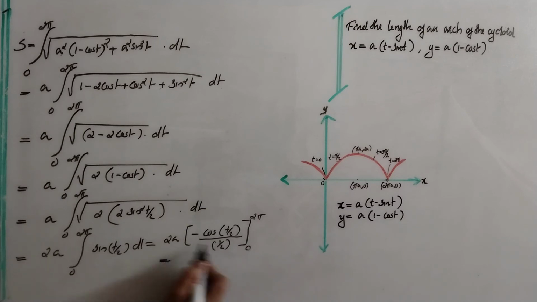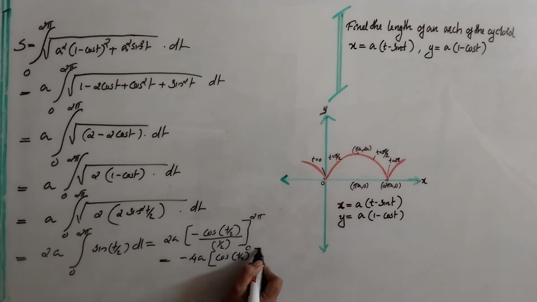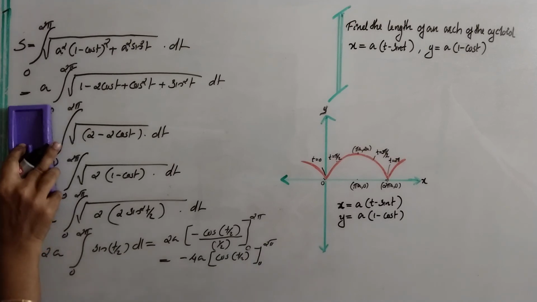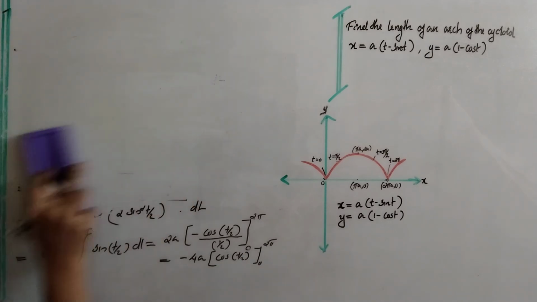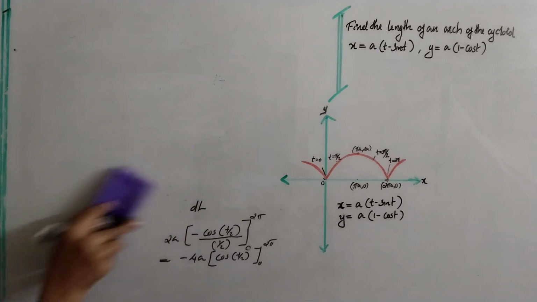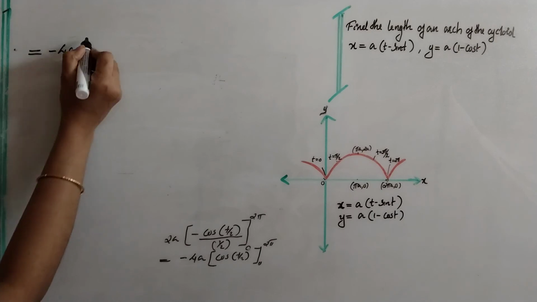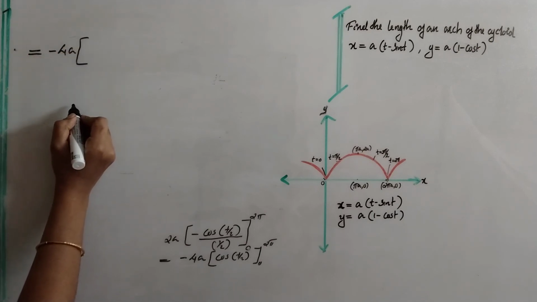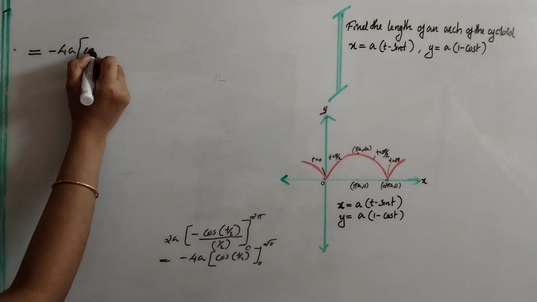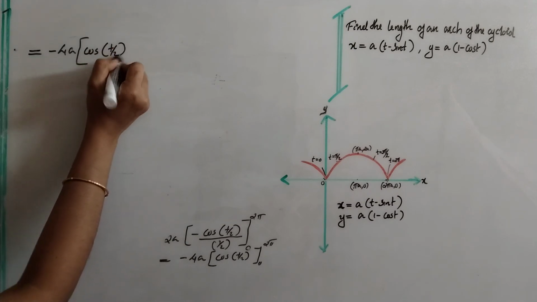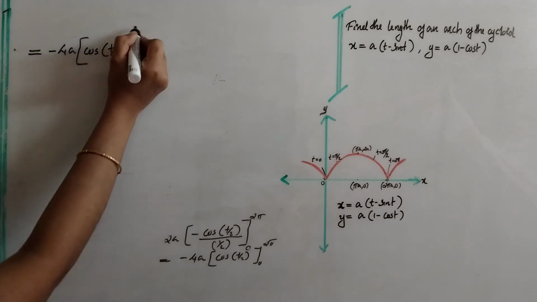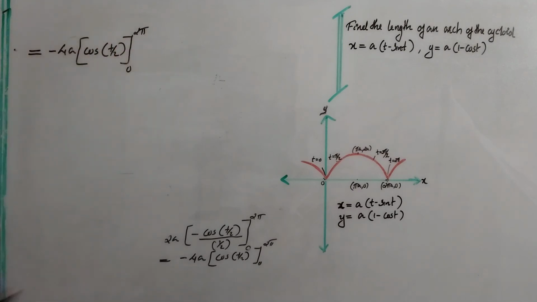This is equal to minus 4a into cos t by 2, with limits from 0 to 2 pi.